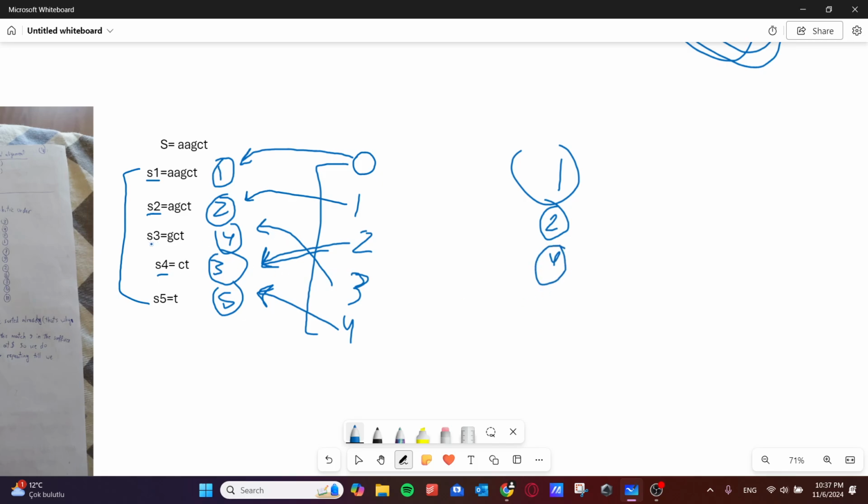Then the number of the suffix is 3. Then the number of the suffix is 5. So it's 1, 2, 4, 3, 5, okay?